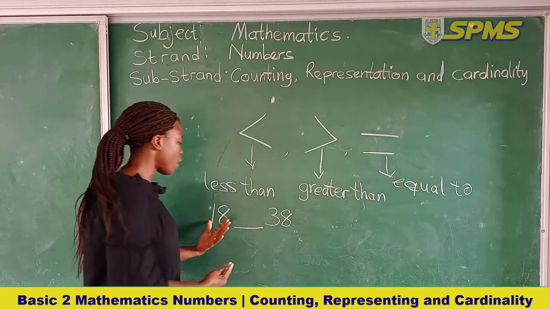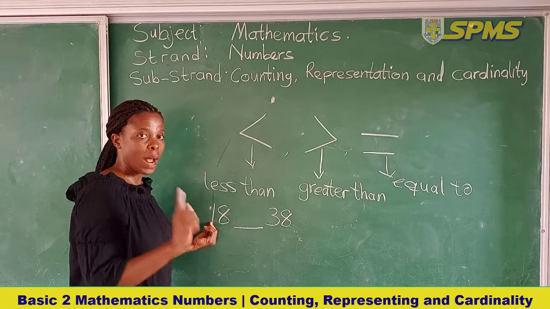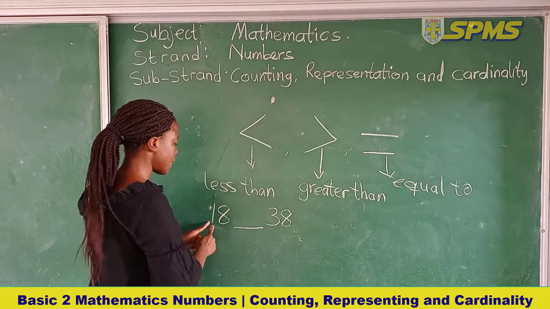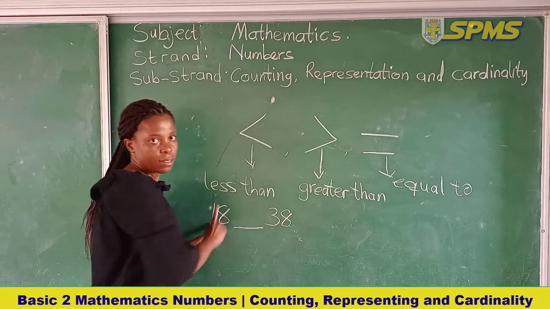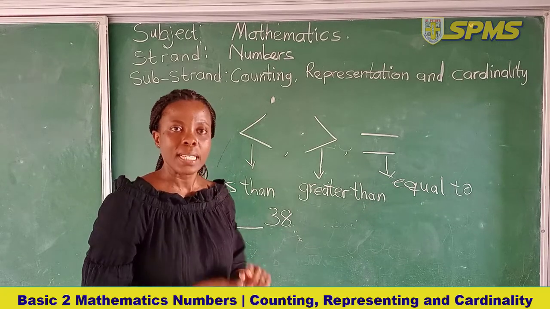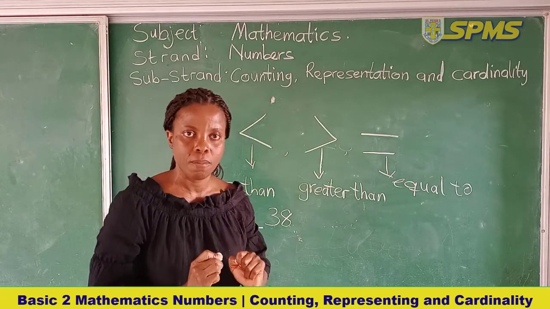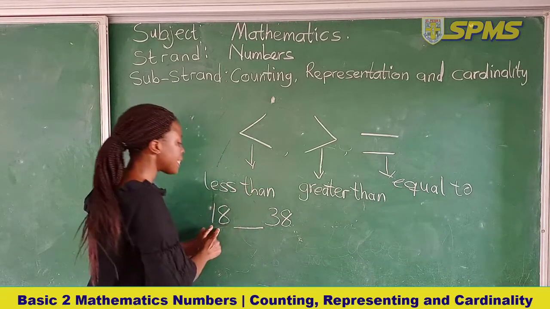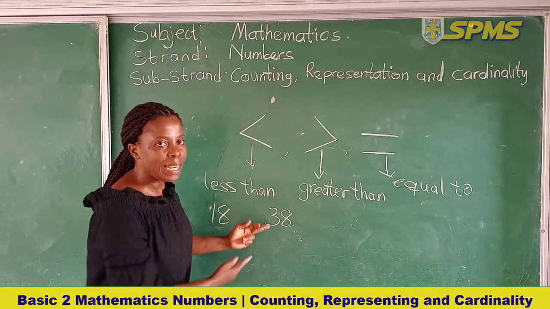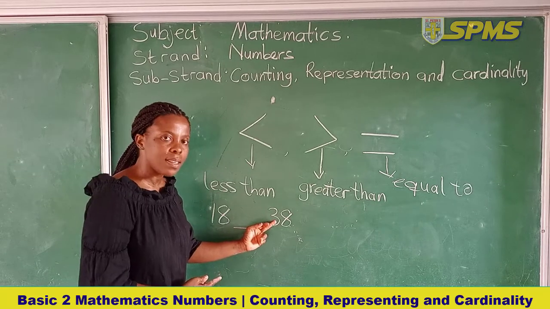So I said the place value for the first number here is 1, but the place value for this is what? 3. So we say this is lesser than this. So the first number that comes determines the symbol that you will use. So the first number is 18, so you say 18 is less than 38.